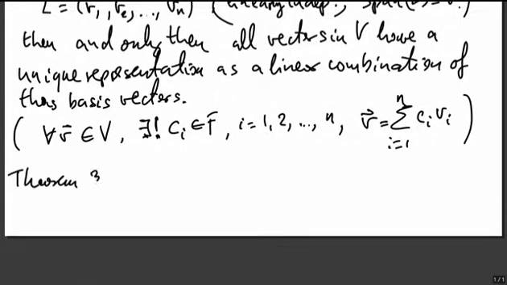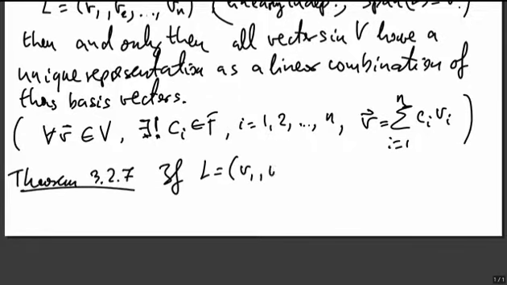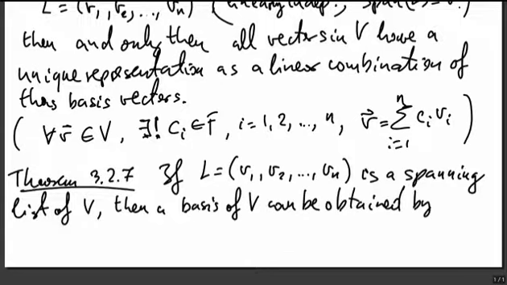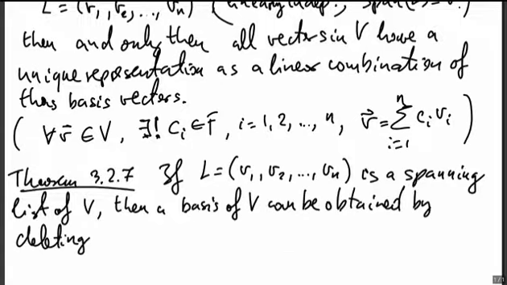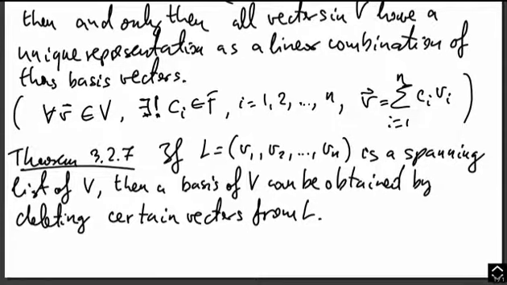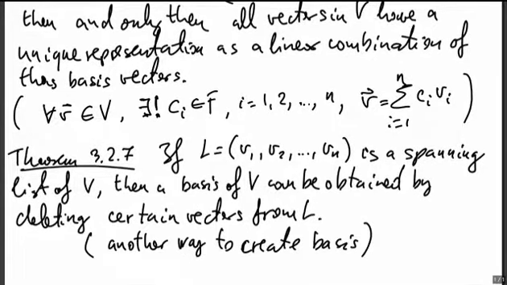This is theorem 3.2.7. If the list L, v1, v2 through vn, is a spanning list of V, then a basis of V can be obtained by deleting certain vectors from L. So this is also a very convenient way to create a basis. You are just throwing out some vectors that are not necessary.